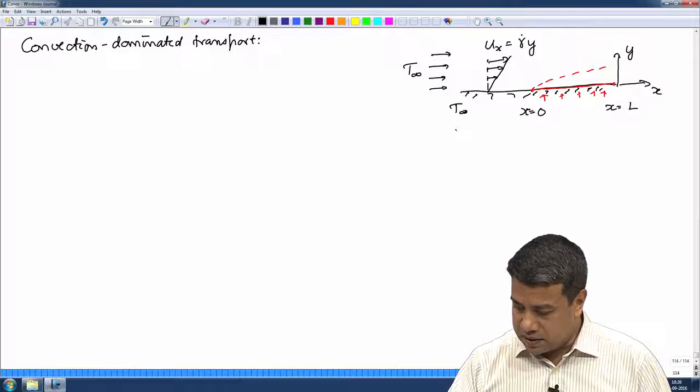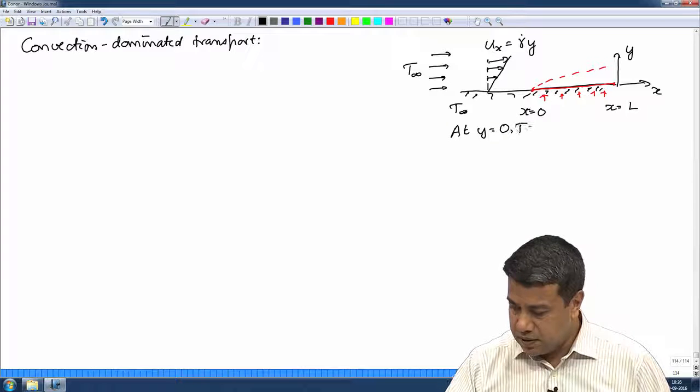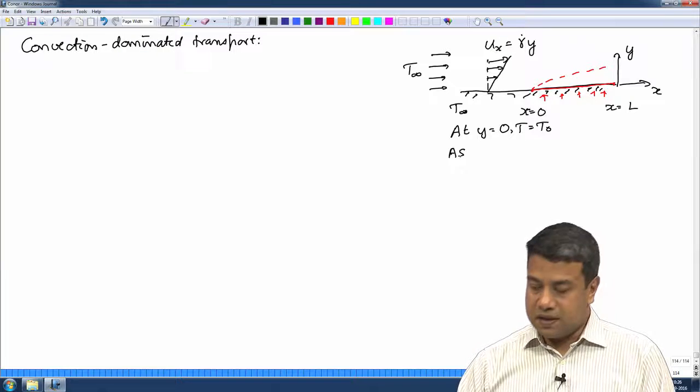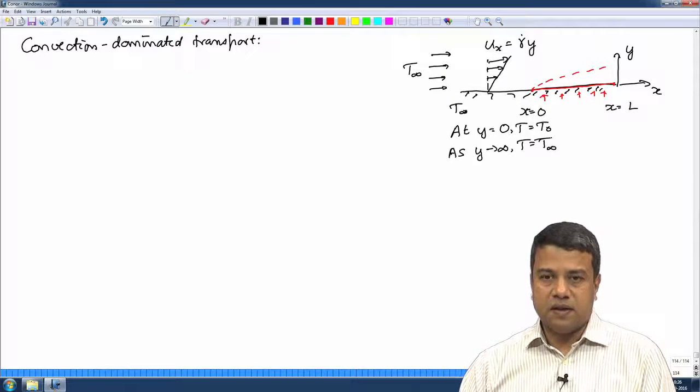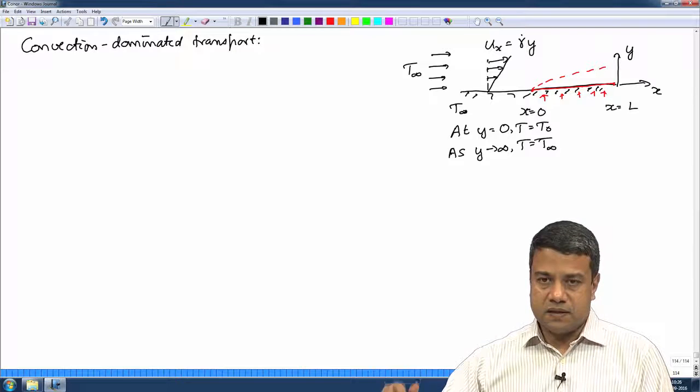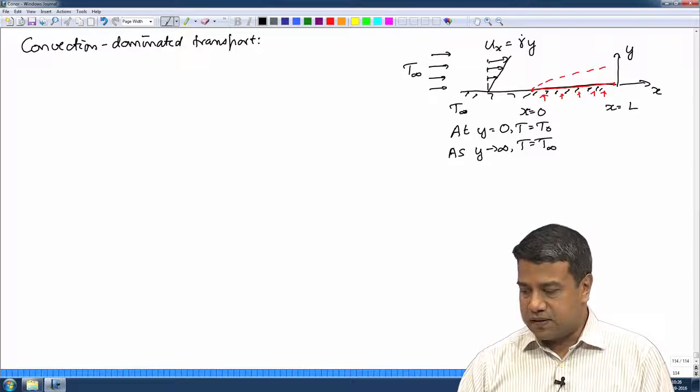So, the boundary conditions are at y equal to 0, T is equal to T naught. Since the fluid is entering with a temperature T infinity, the temperature far from the surface has to be the same as the entering fluid temperature, because you would expect the transport to be confined to a thin region near the surface.